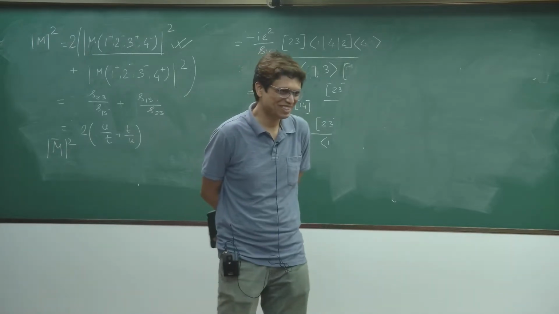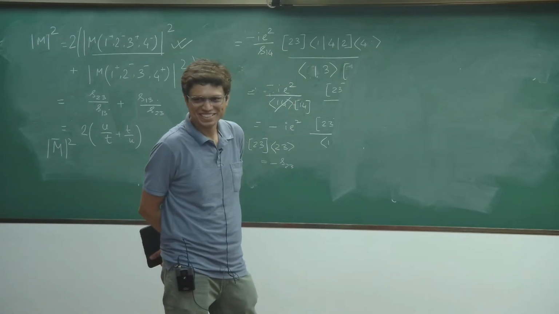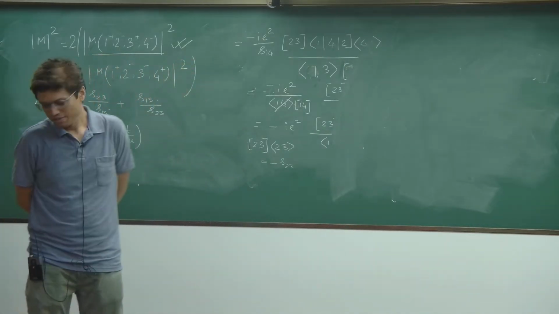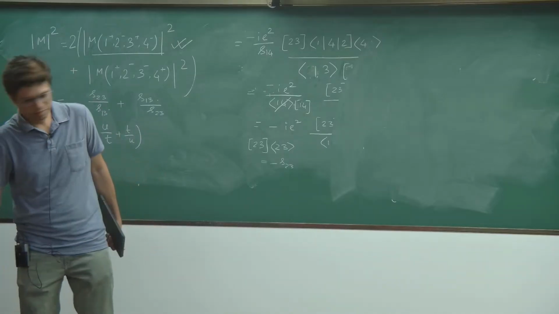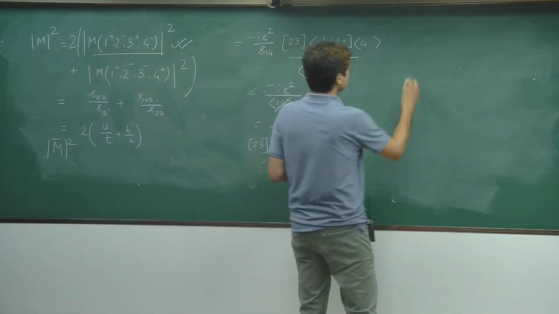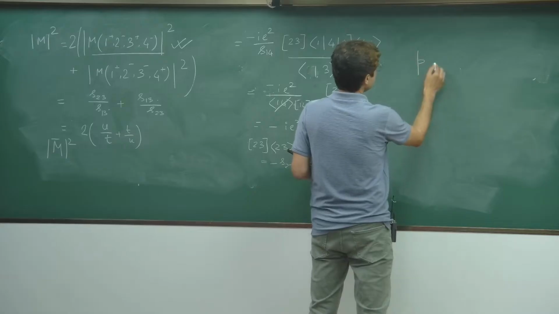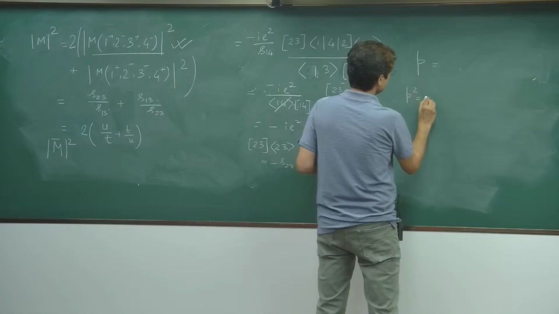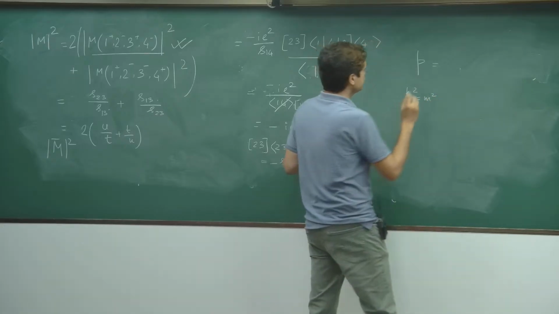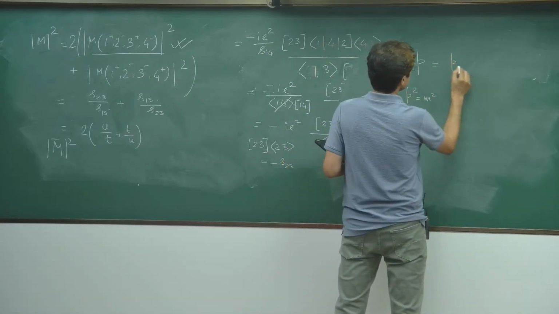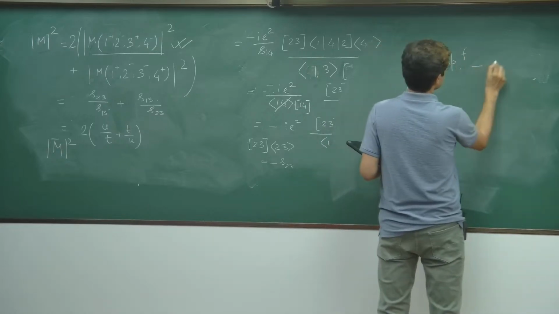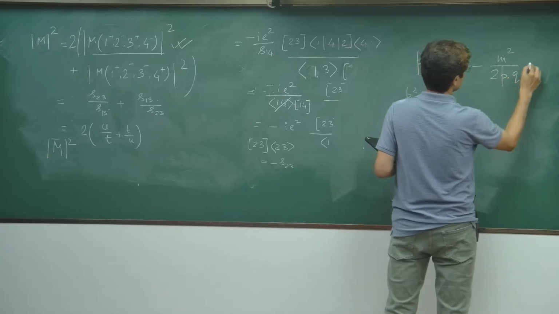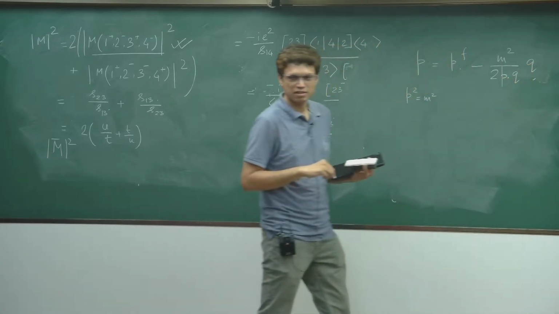What happens for massive particles? There we don't have helicity. No, massive particles also you can represent in terms of helicity because suppose I have a massive particle P. Basically P square is equal to M square. Now this massive particle I can write as a sum of two massless momenta.